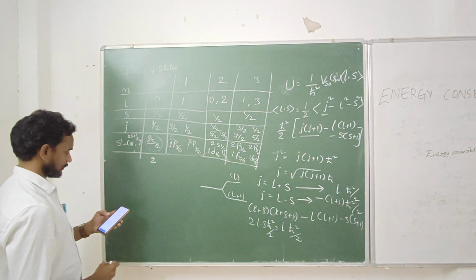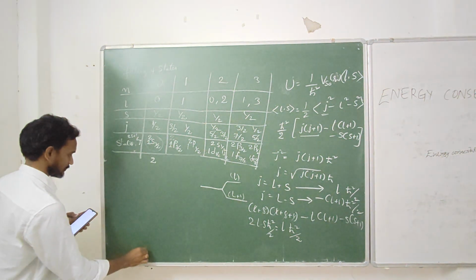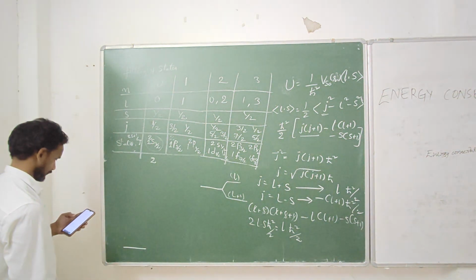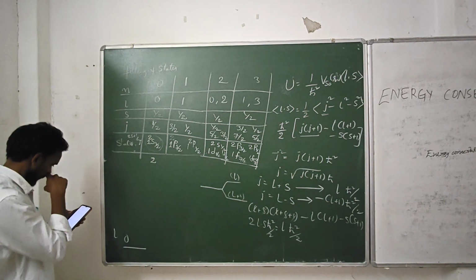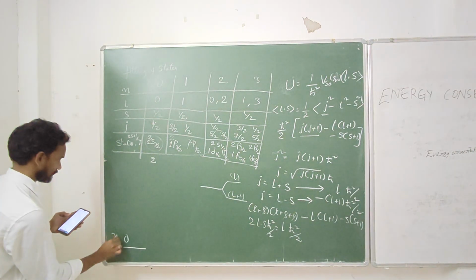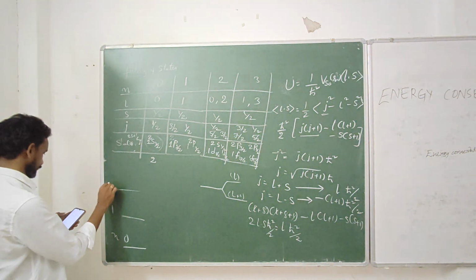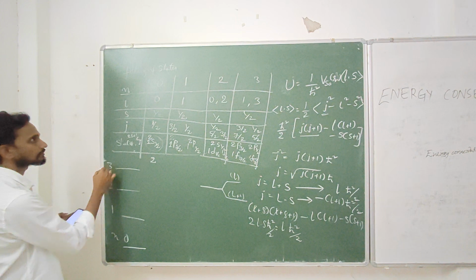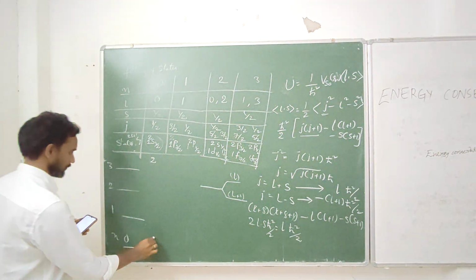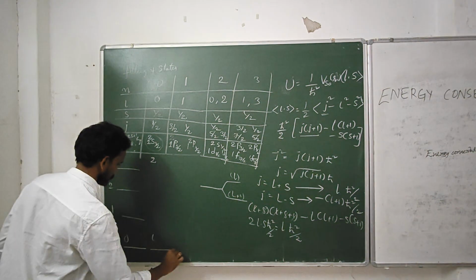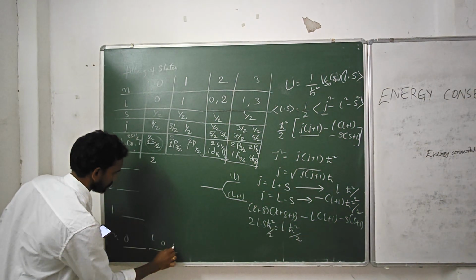So ultimately, if we go for the list of energy levels, let's say I am starting with N value 0, and L value is also 0. So this is 1s.